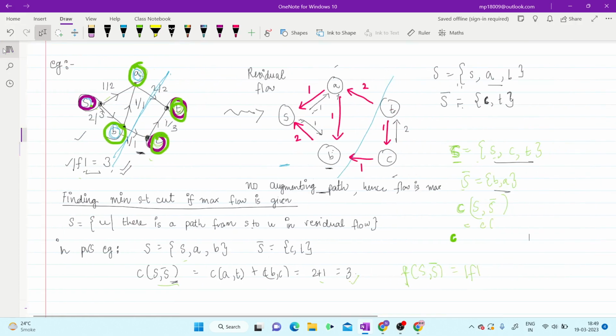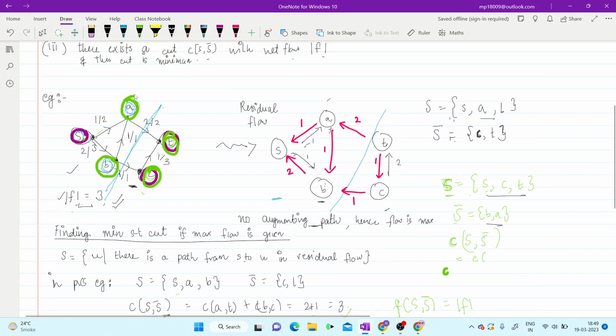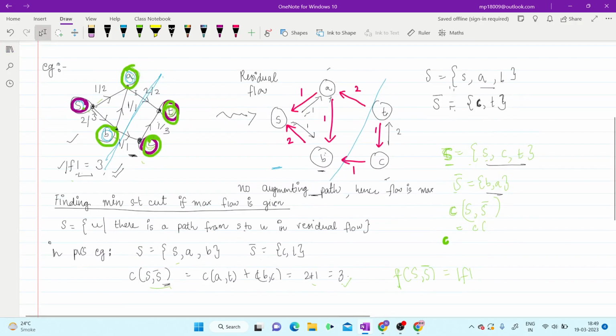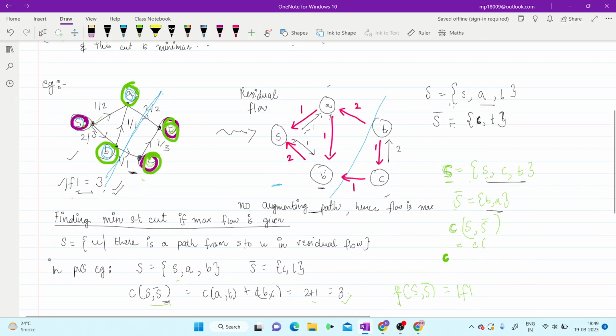In this also, we said that this is the minimum cut. So previously also we made this mistake. When computing the cut value, we have to add the capacity.